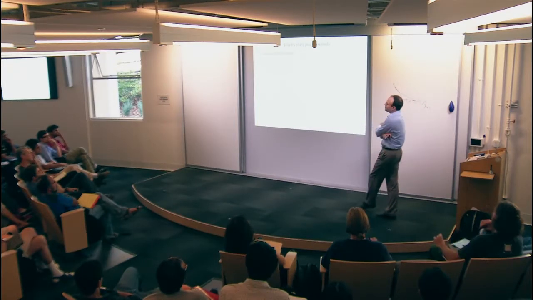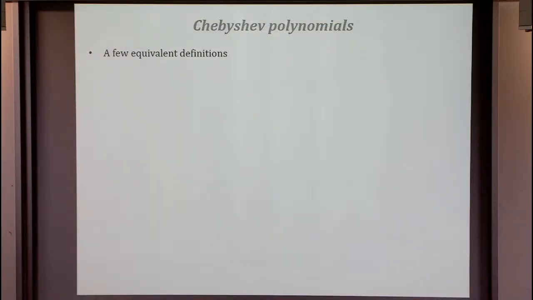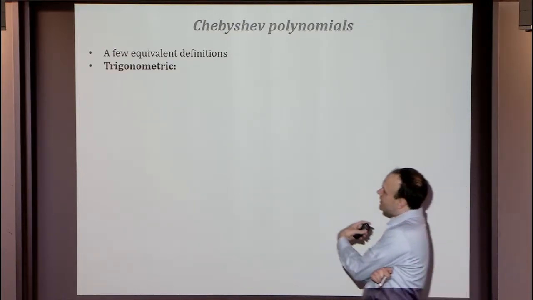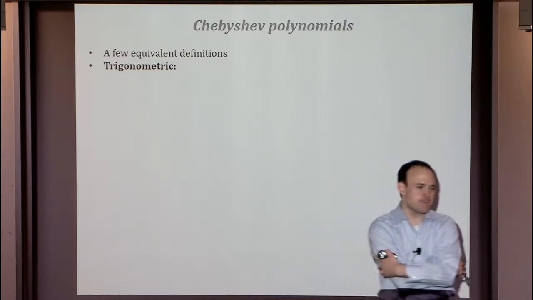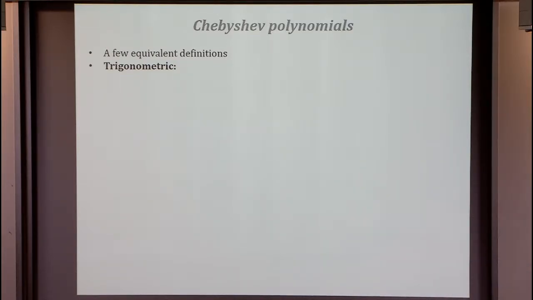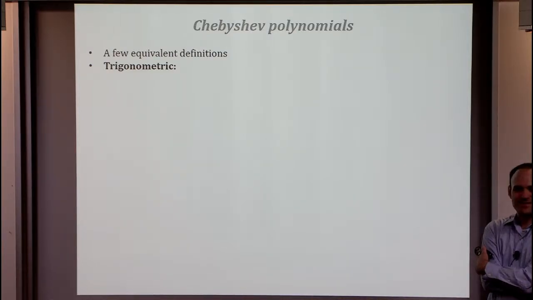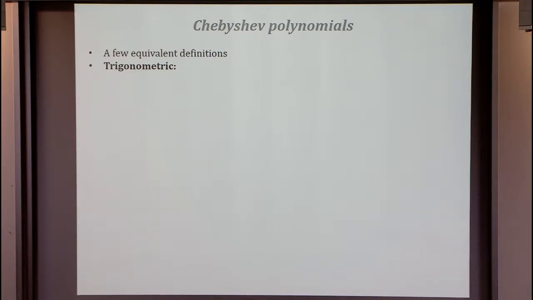So there's a couple definitions of them, and I'm going to write 3 of them, and then gesture at them to say why they have the properties. The one that I think is the most intuitive is the trigonometric one. What you should be thinking here is that really we're doing Fourier analysis, but under a change of variables.